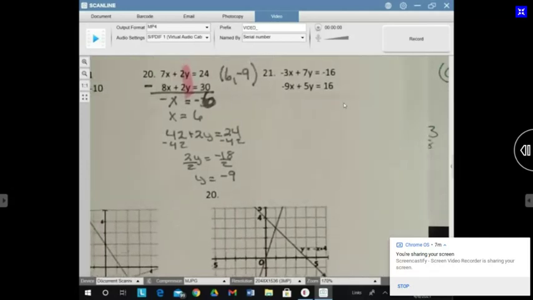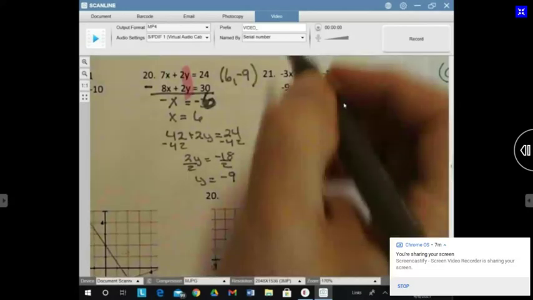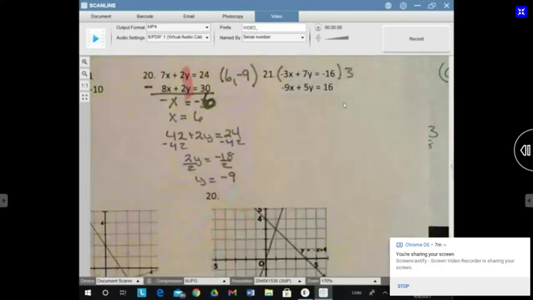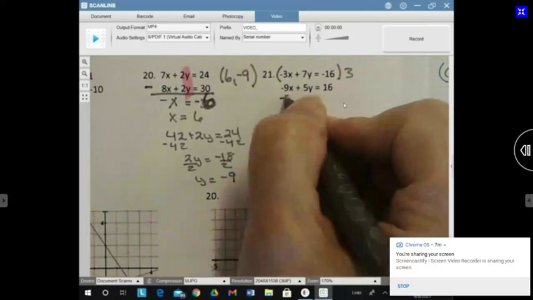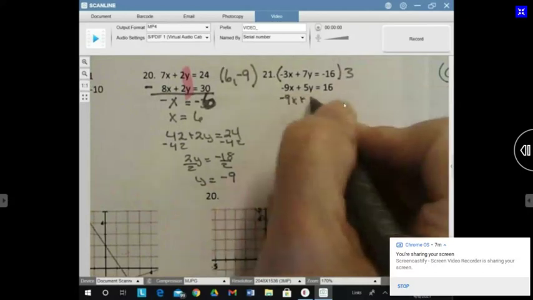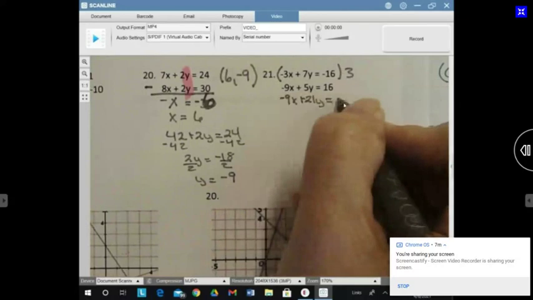What do you think? Okay. So if I come in here and I multiply everybody by 3, that gives me a negative 9x plus 21y equals negative 48.